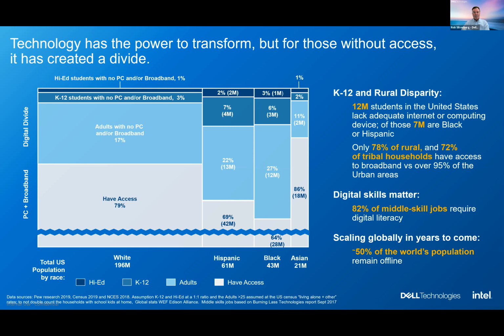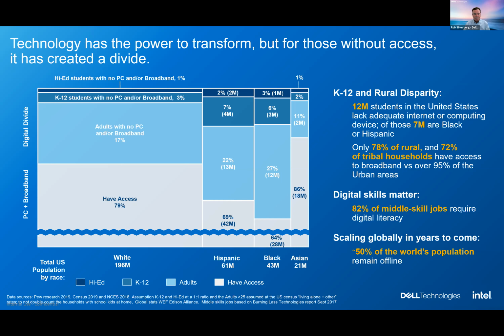For those that are disconnected and don't have access to compute and connectivity, they're missing out on that opportunity to participate in the digital economy. So as we look at this fund, as we look at the ability to put devices in the hands of underserved communities, we're really changing the way our disconnected communities can interact, can gain access to opportunities, remote work, remote school. These are very important aspects of modern society.